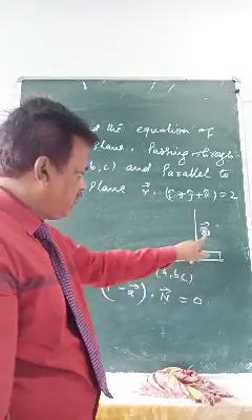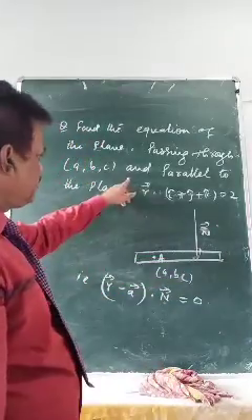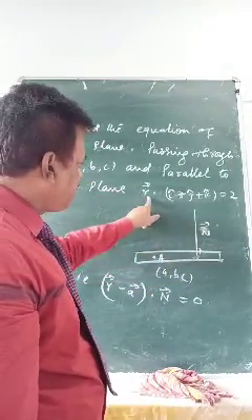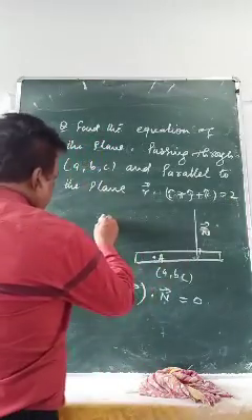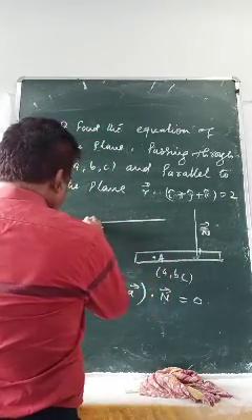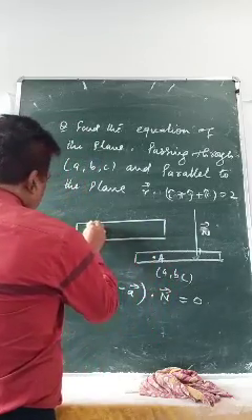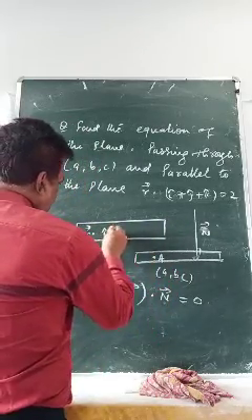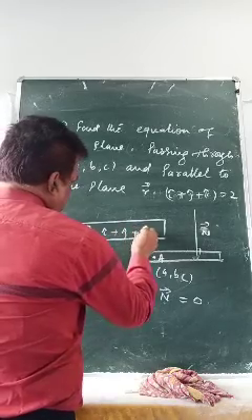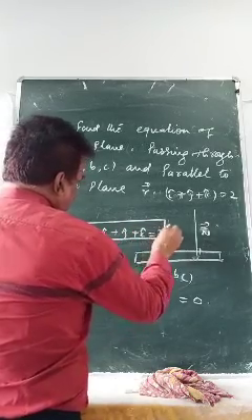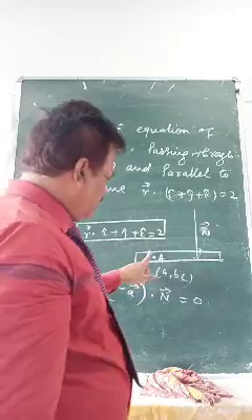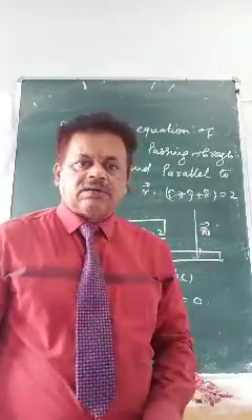Got my point? This n is not given, but you are given that the required plane is parallel to the plane r dot i plus j plus k equals 2. For every plane you should sort out its normal.